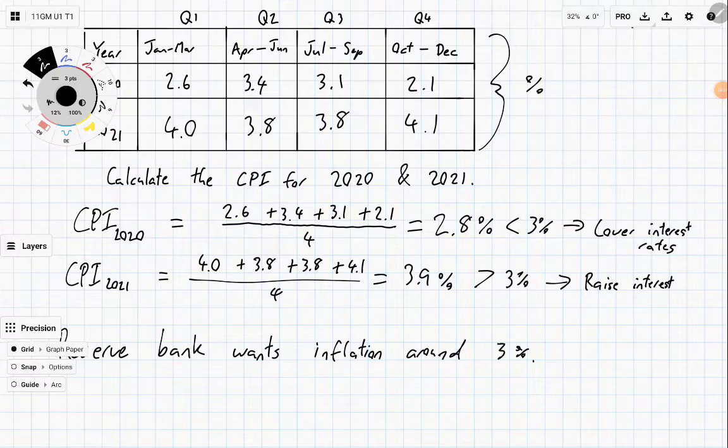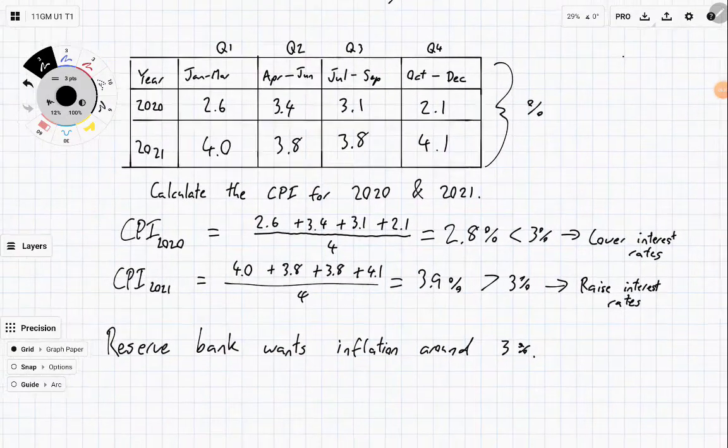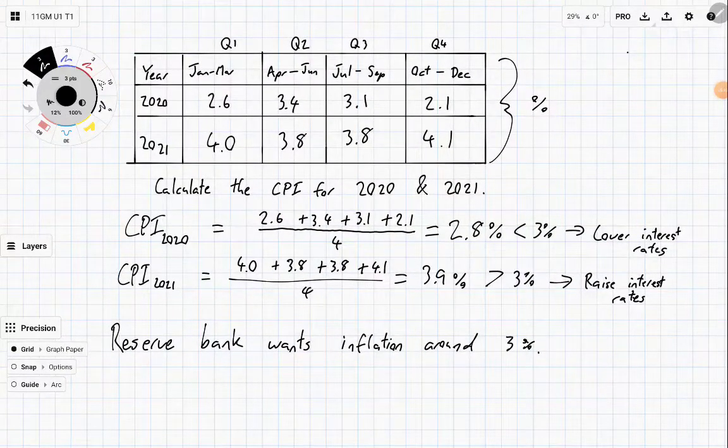Interest rates are what you pay to borrow money from a bank, or what you get for putting money into a savings account. These will fluctuate over time as the cost of living, how much it costs to buy your groceries and everything, changes. You can see even in these two quick examples that with not that great a deal of percentage change, a lot of change could happen from a governing body like the Reserve Bank.